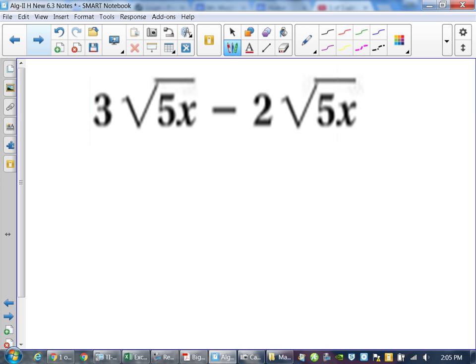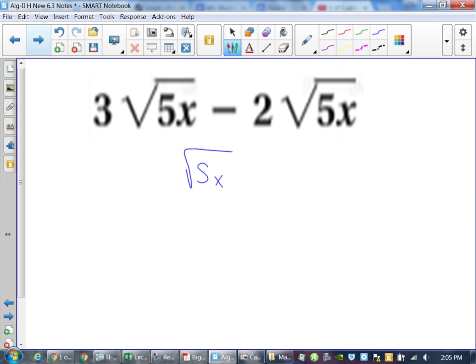Why? Same thing underneath the radical, same nth root, same radical. So, deep breath, 3 minus 2 is 1, so my answer would be the square root of 5x.